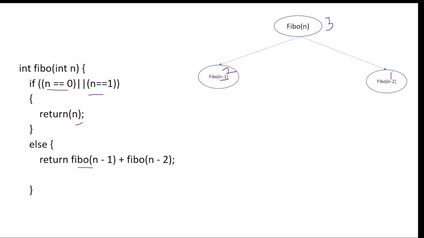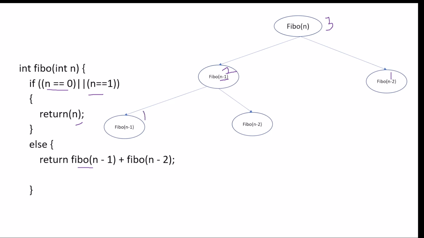What happens if it calls with n equal to 2? The condition is checked. It is not equal to 0 or 1, so it comes to the else part and again calls Fibonacci of n minus 1 plus Fibonacci of n minus 2. Now the n value is 2. 2 minus 1 is 1.